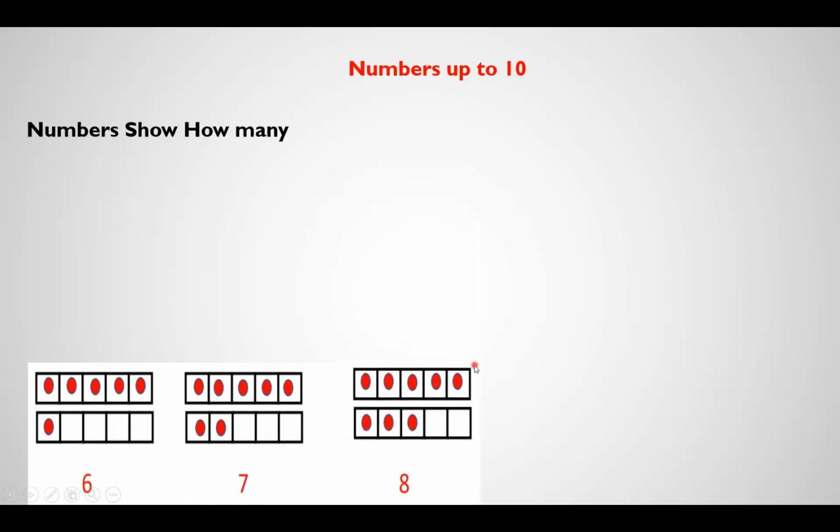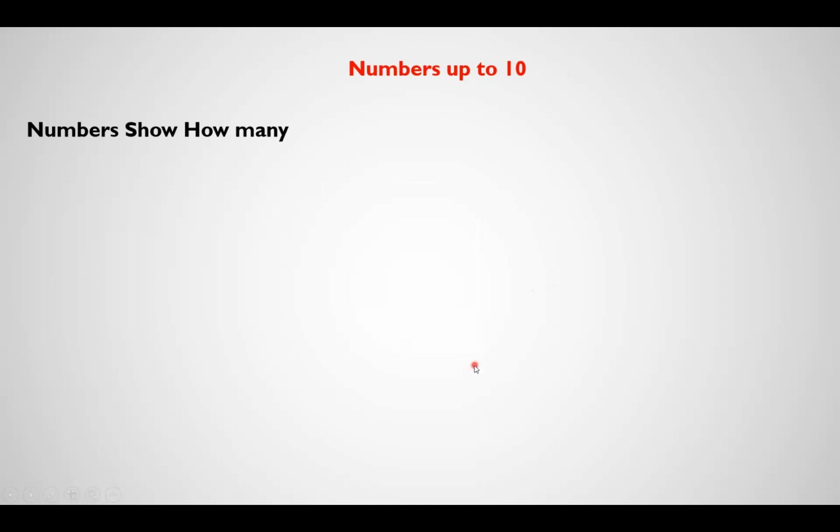Now let's remember how we can write these numbers by letters. How can we write 6? Can you remember? It's S-I-X. What about 7? It's S-E-V-E-N. Then 8, E-I-G-H-T. 9, N-I-N-E.